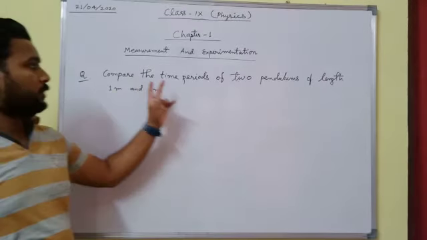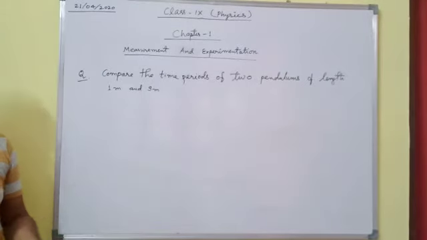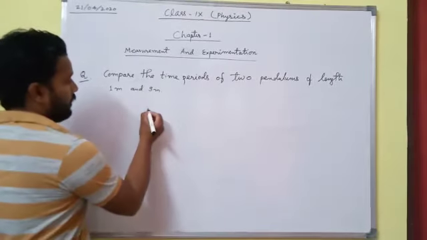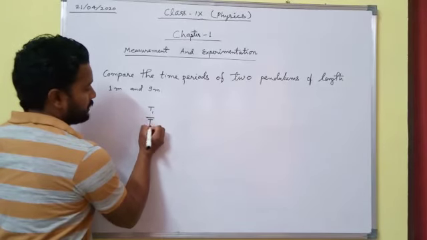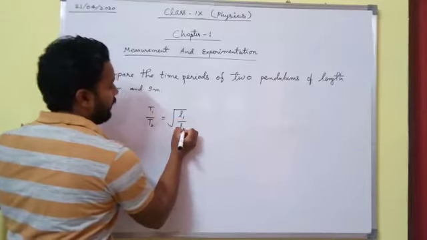In this numerical there are two simple pendulums, and we have a relation from the previous class, T1 upon T2 equals root L1 upon L2.